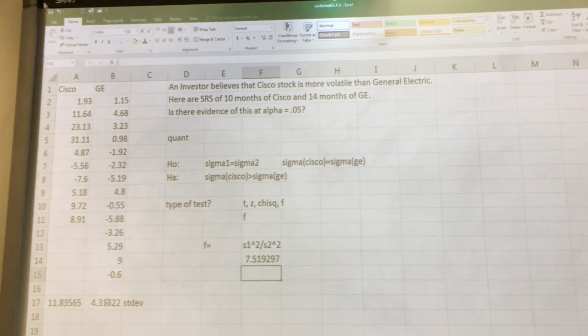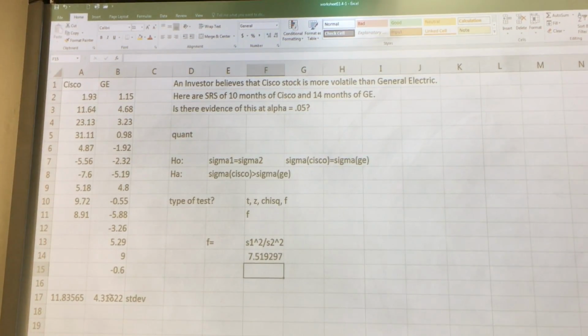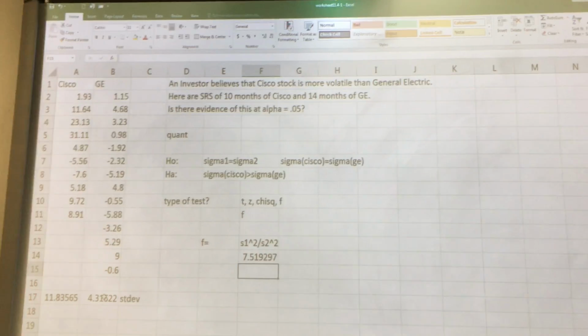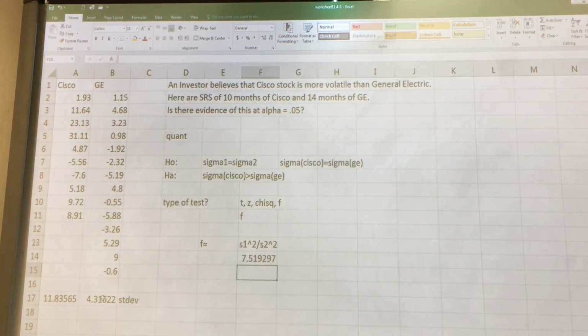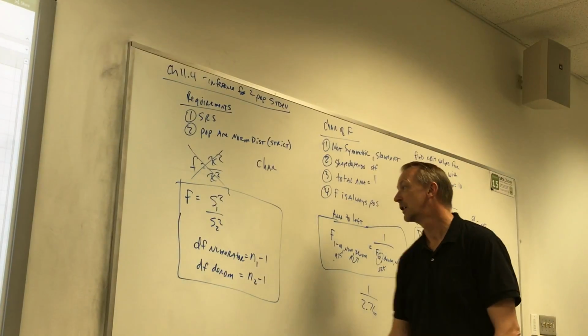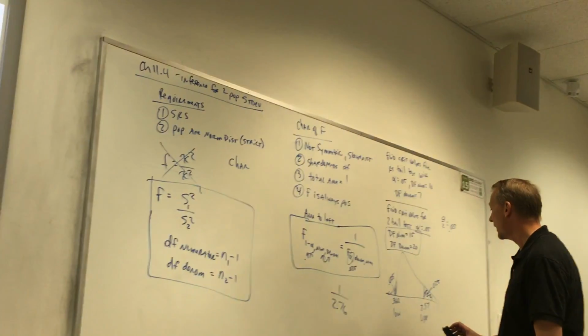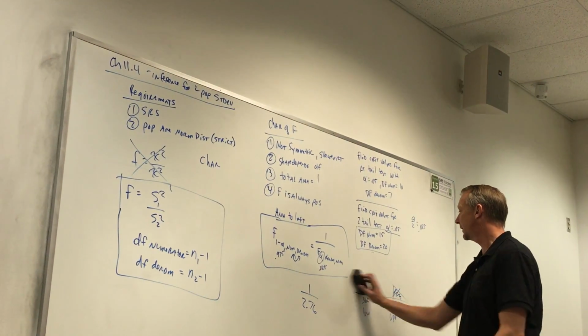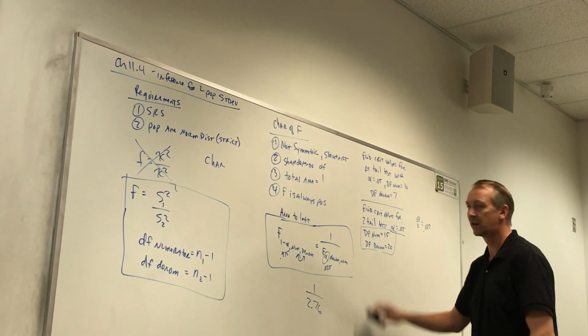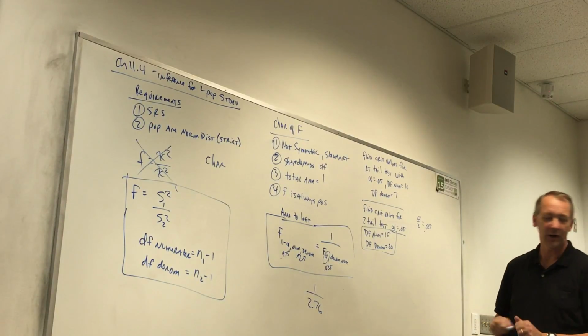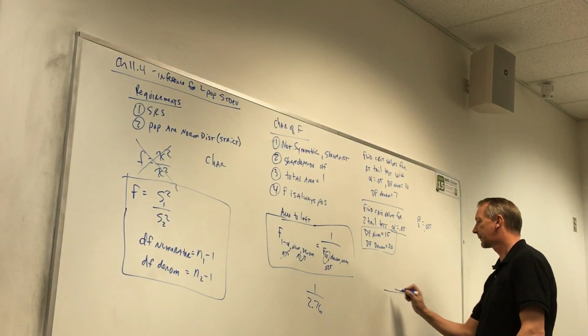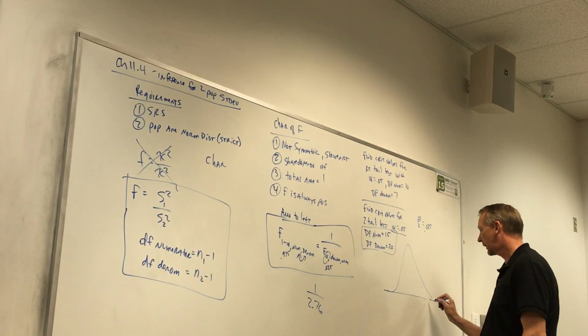So I got an F value of 7.51. Now I'm going to do this both the classical way and the p-value way.